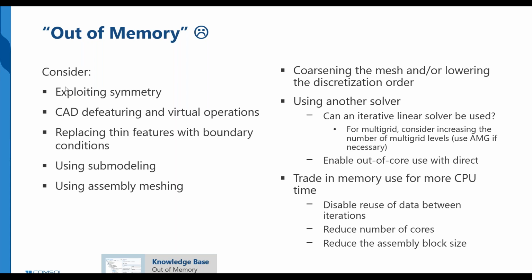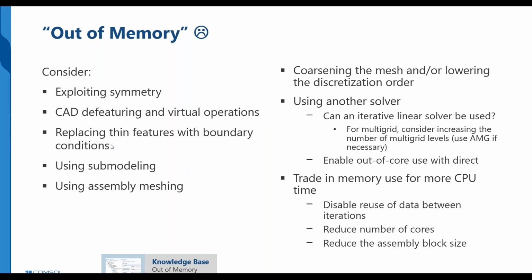Common standard classical ways to reduce memory is to exploit symmetry, to remove details in your geometry, which sounds dangerous, but sometimes that can be done without sacrificing accuracy. And for that, you can use CAD tools to do what's called defeaturing or apply virtual operations.